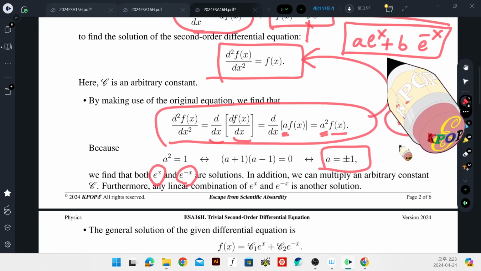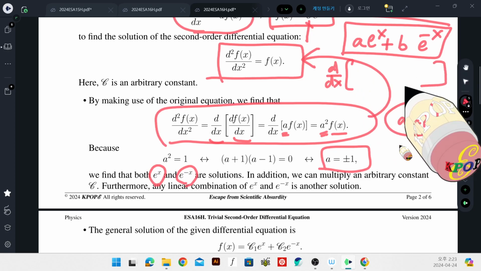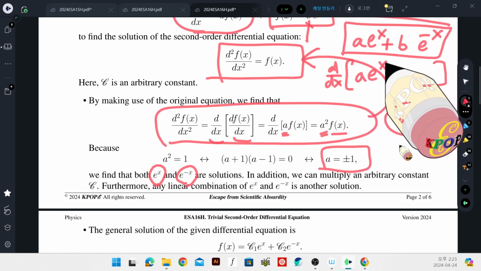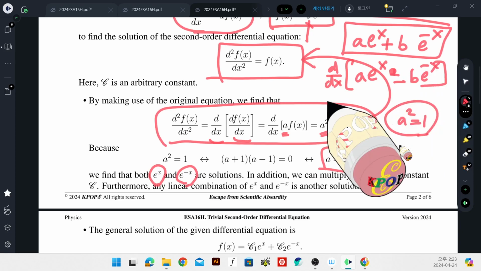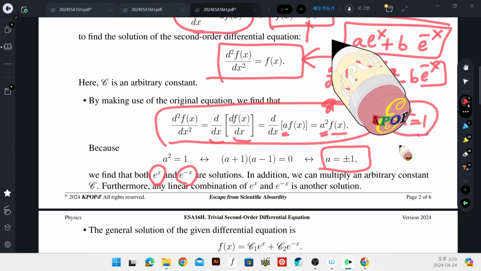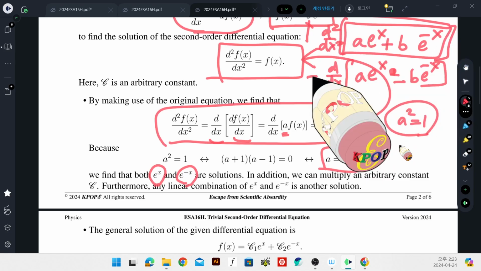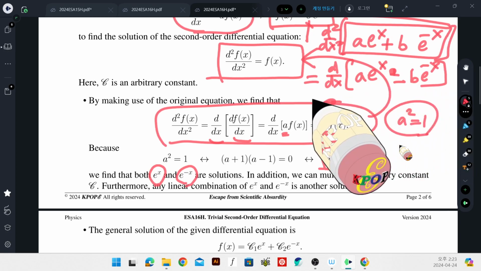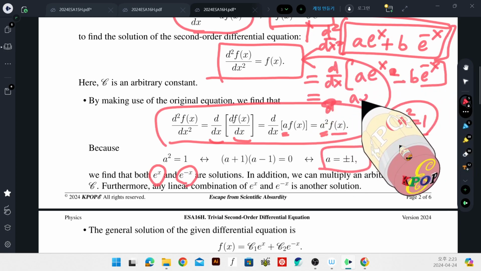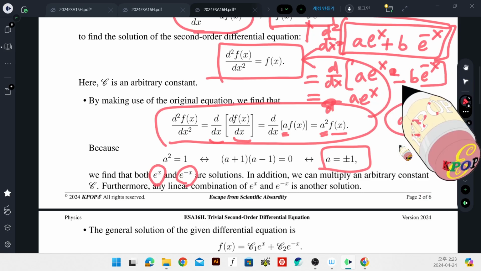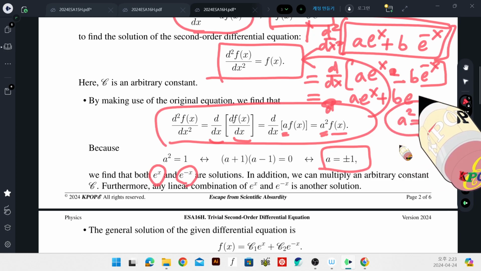if I take the derivative, this is minus b e to the minus x, and then if I take the additional, so second-order derivative of this, the first-order derivative, and if I take another derivative, it becomes a e to the x, and this negative sign flips to return to the original value.